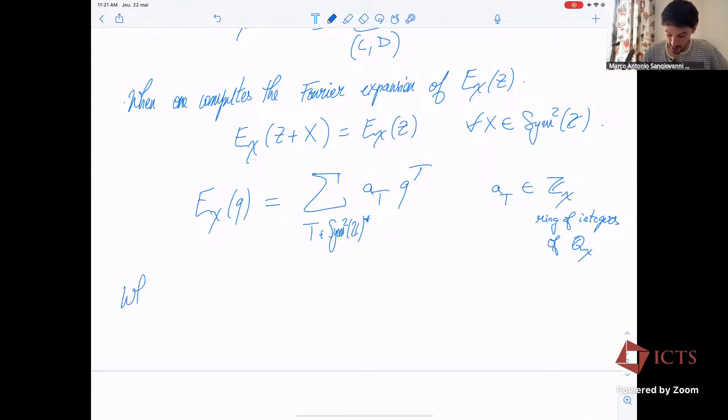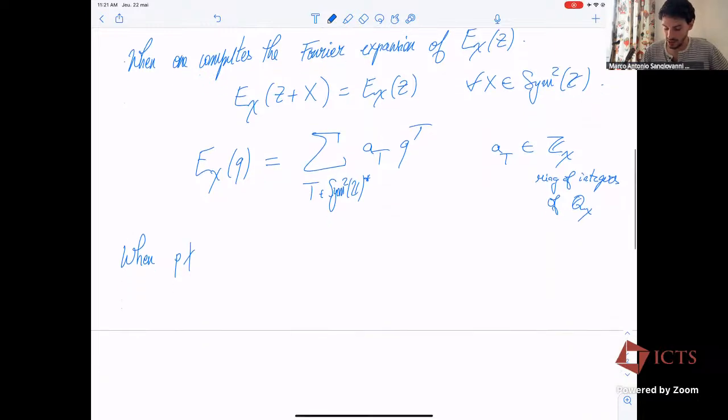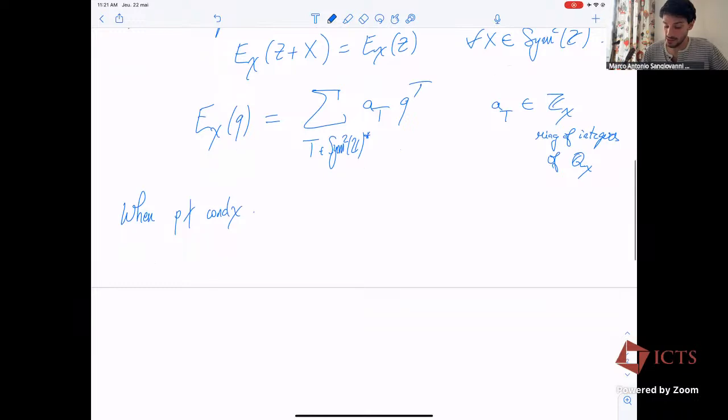So when P does not divide the conductor of chi, this implies that E chi, which was denoted by big N, defines a section.